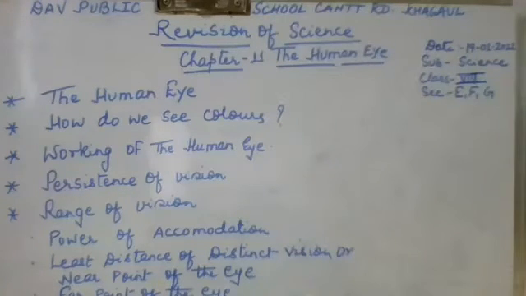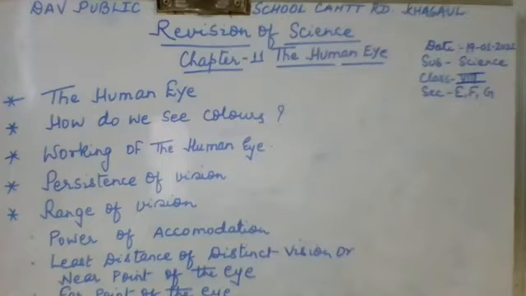How can you explain about the working of the human eye? Yes, ma'am. As the light enters the eye through the cornea, the eye lens converges these rays and forms a diminished and real image on the retina.